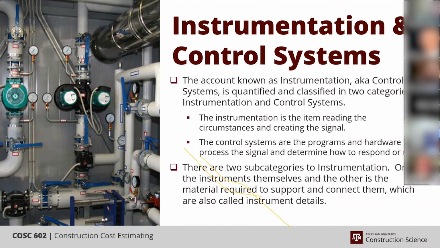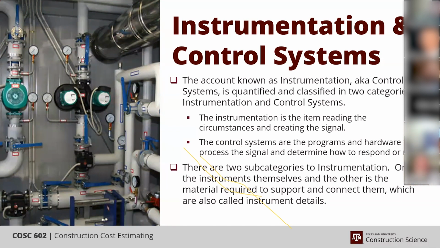The two primary ones are the instrumentation and the control systems themselves. The instrumentation is the device that's actually taking the reading, while the control system is the program and hardware that are receiving that reading and determining what to do with it, how to control the plant with it.